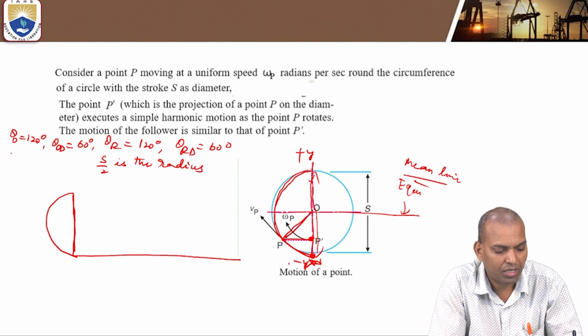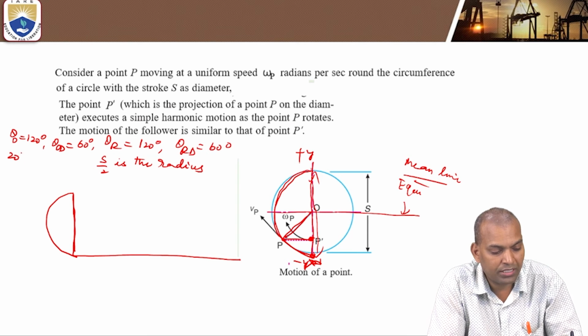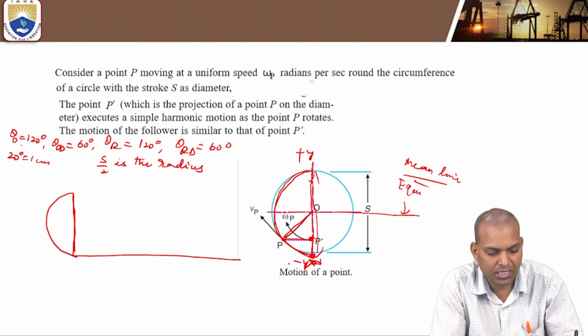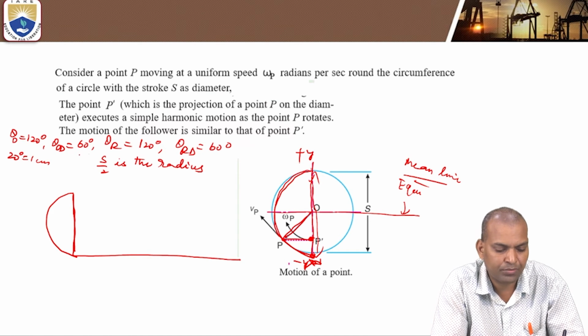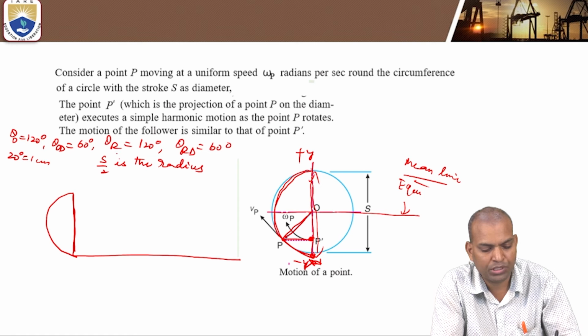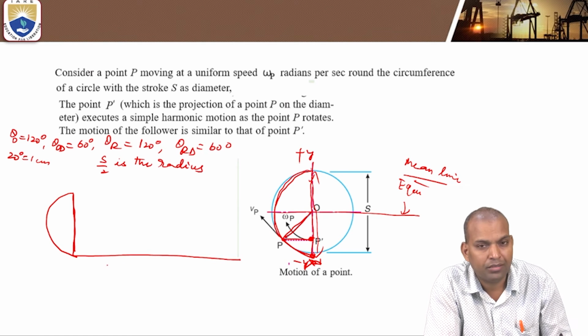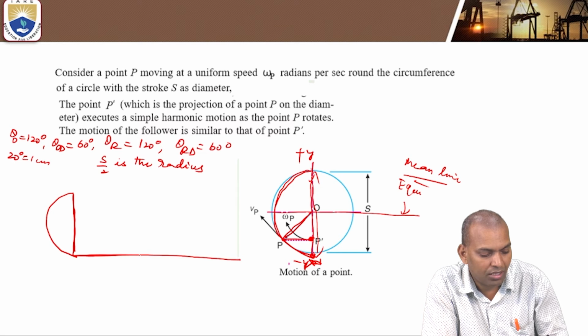Take a scale on the x-axis, that 20 degrees equals 1 centimeter. Then theta O becomes 6 centimeters, theta OD 3 centimeters, theta R 6 centimeters, theta RD 3 centimeters. Draw the x-axis line using that scale, so the total length is 18 centimeters.